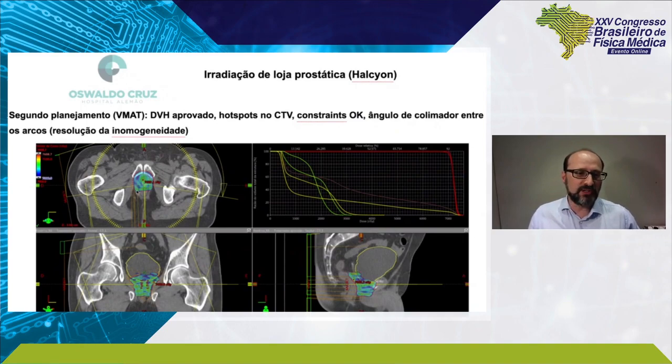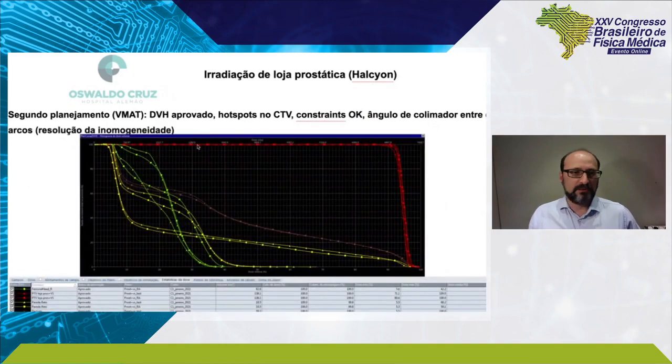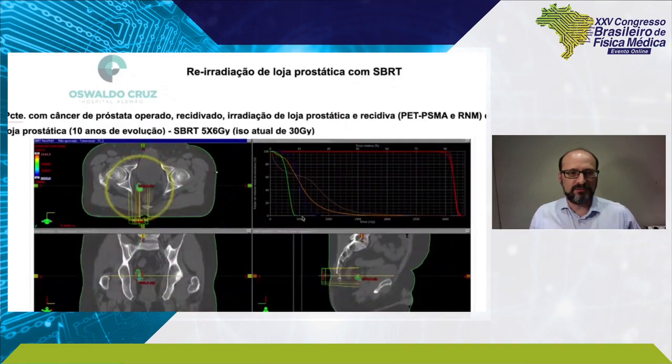Então, basicamente, o ajuste que foi feito foi girar o colimador, fizemos um ângulo de colimação, os constraints continuaram exatamente iguais, e esses strips foram eliminados, tornando o planejamento mais homogêneo. Então, os histogramas de dose e volume são muito intercambiáveis entre si. Ou seja, se eu fosse analisar simplesmente o histograma de dose e volume, ele poderia ser aprovado facilmente.